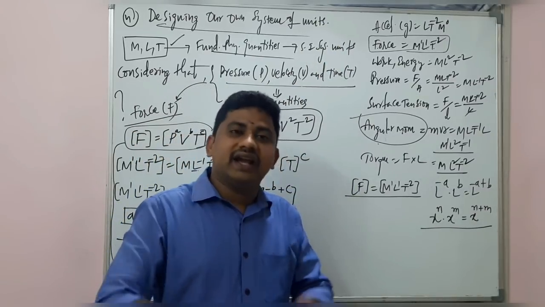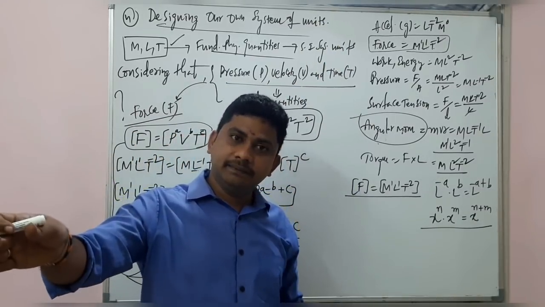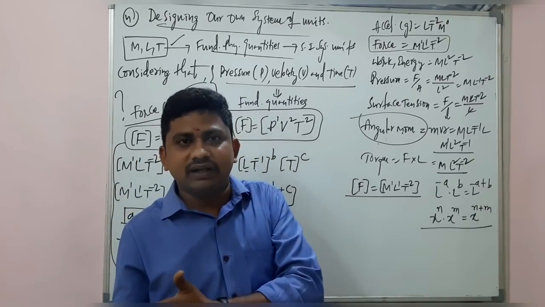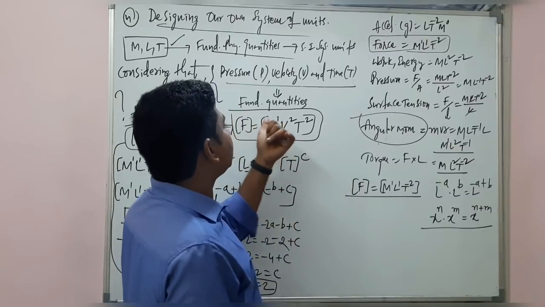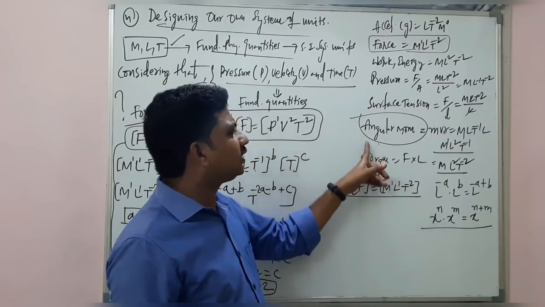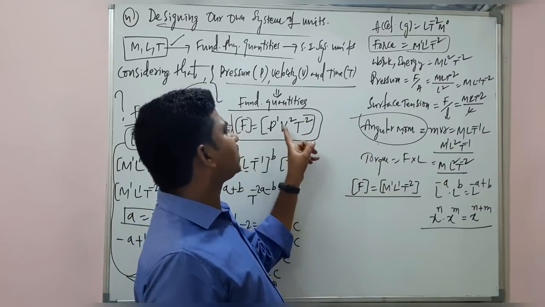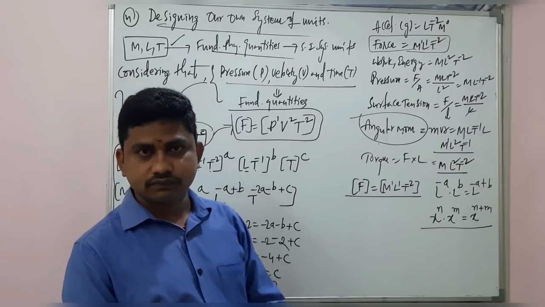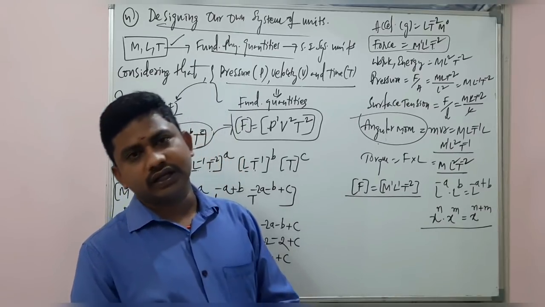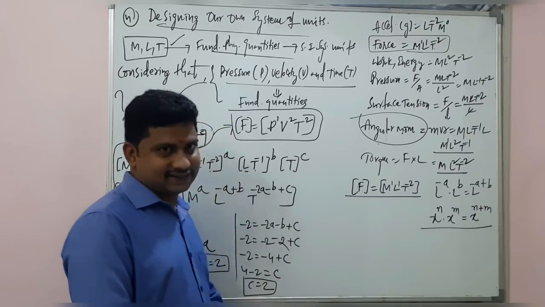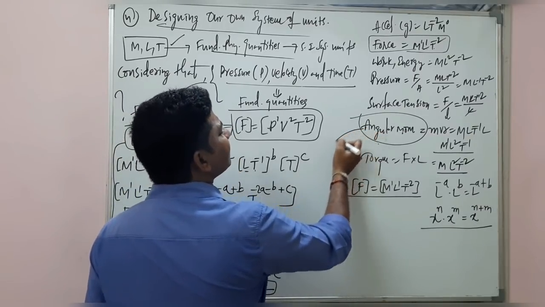Clear? Instead of mass, length, time, if you consider your own fundamental quantities like pressure, velocity and time, you can write the angular momentum also in terms of pressure, velocity and time. Okay. Clear? Now your class work is, let's take the same.